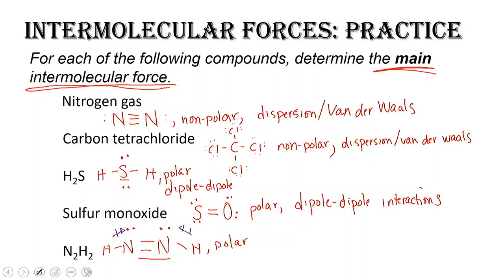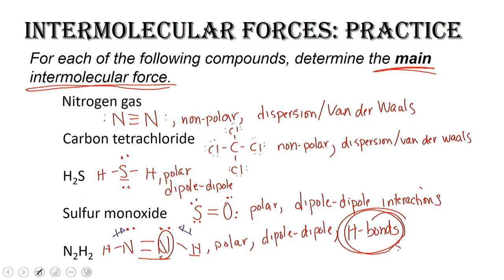Back to my red ink. Because this is polar, we would say that we have dipole-dipole interactions, which we do. But the question is asking for the strongest type of forces. Notice that we have a nitrogen and hydrogen. So if it's nitrogen and hydrogen, these can also undergo H bonds or hydrogen bonds, and the hydrogen bonds are the strongest.